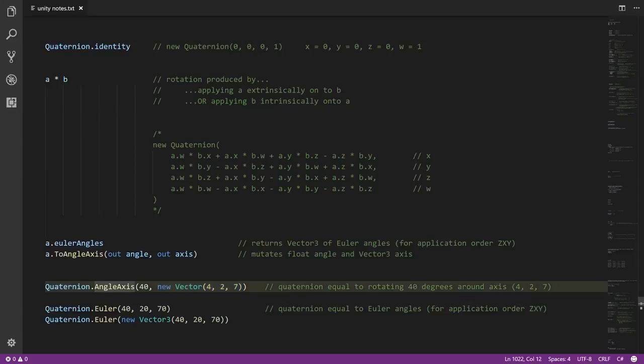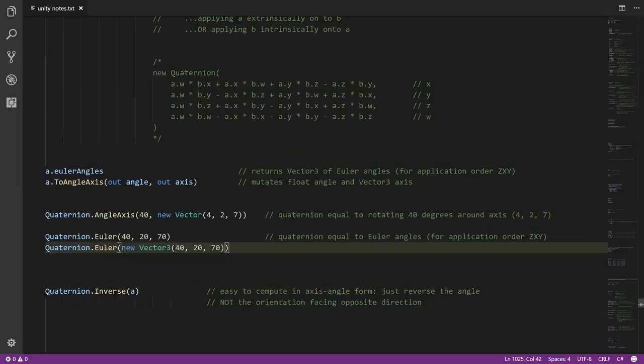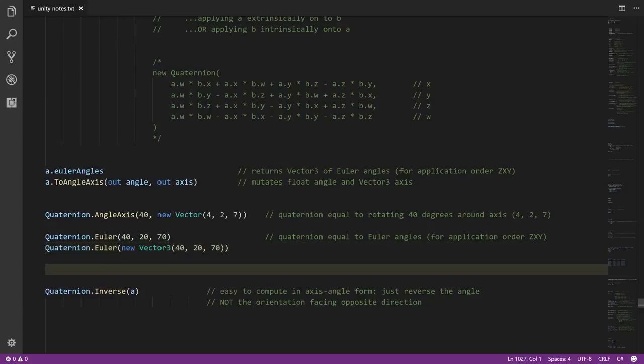And then we have the Euler angles property, which returns a Vector3 representing the Euler angle equivalent of this rotation. Again, though, it's the Euler angles which are extrinsically done in the order z, x, y. So that is the result we get back. And then we have the ToAngleAxis method, where it doesn't return anything, but it takes two out parameters, angle of float and axis of Vector3, and it'll mutate angle and axis to be the angle axis equivalent of the quaternion rotation.